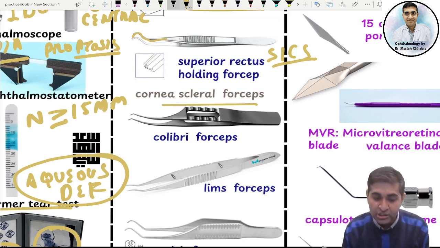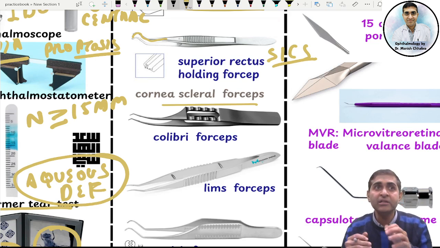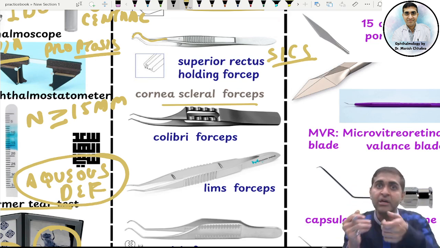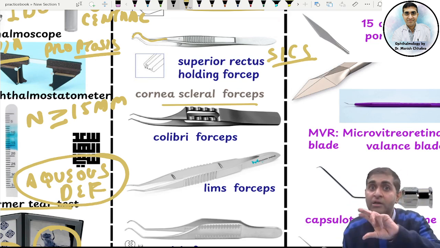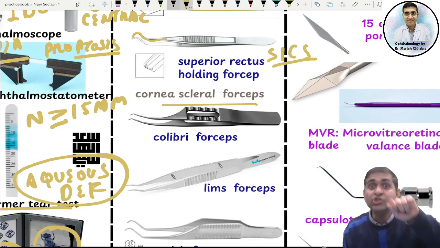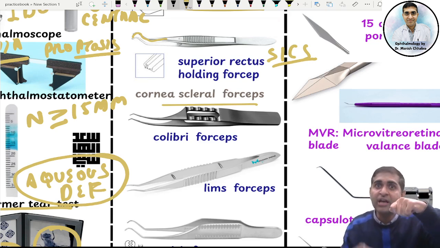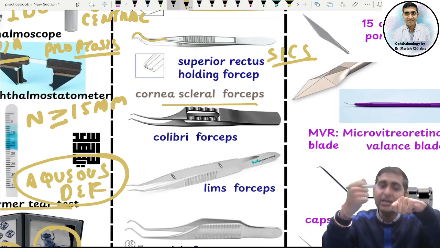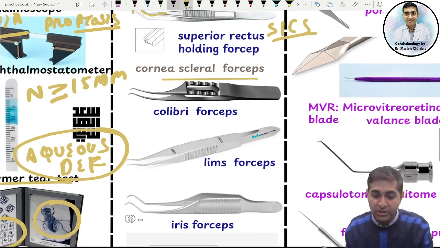The usage of corneo-scleral forceps is that while holding the corneal graft, if you are transplanting the cornea, you can hold the graft with this, or while suturing the cornea or sclera, you can hold the cornea or sclera and suture it. That is why corneo-scleral forceps.